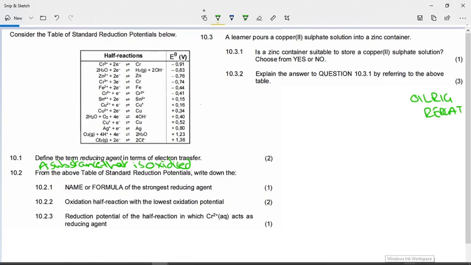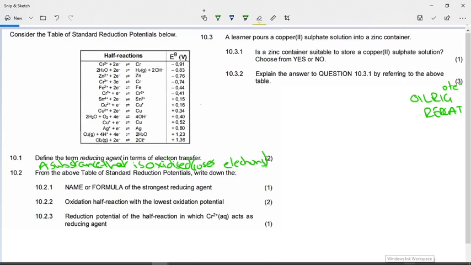Oxidation is loss, reduction is gain of electrons. So a reducing agent is oxidized and undergoes the loss of electrons. It's a substance that is oxidized, or a substance that loses electrons. So we shouldn't write loss of electrons, we should say loses electrons.